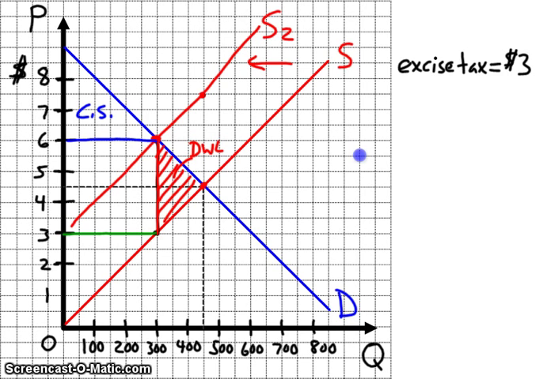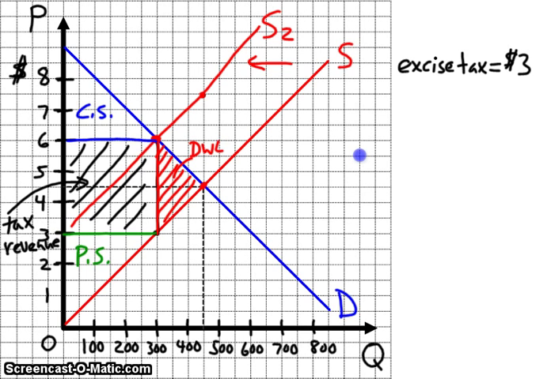So everything that is less than $3 but above the supply curve is our area of producer surplus. That leaves this area in here. That area is the tax revenue.